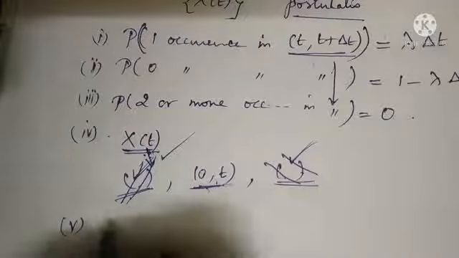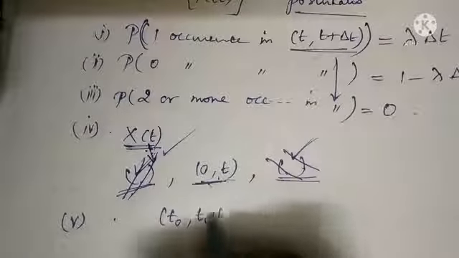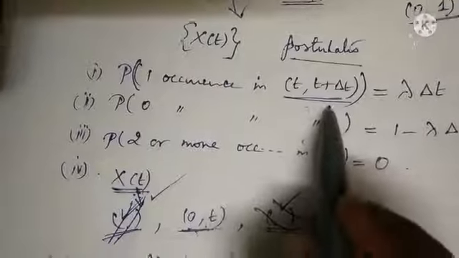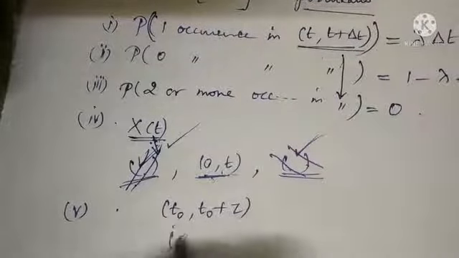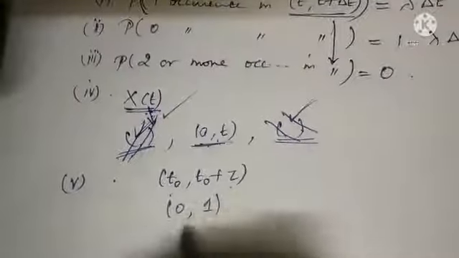Then the fifth one, listen here. You consider the interval t0, t0 plus tau, like t, t plus delta t. It is like t0 is 0 and t1 may be some 1 second, 2 seconds or 5 seconds.